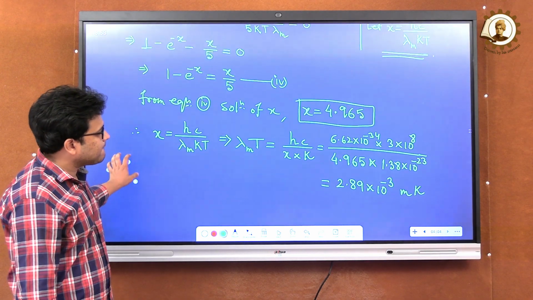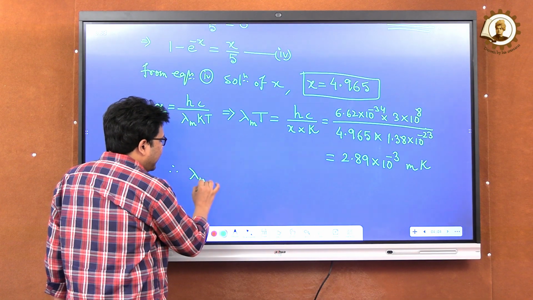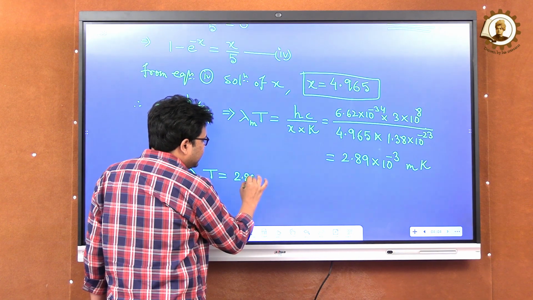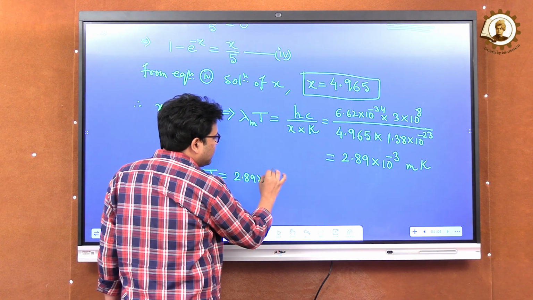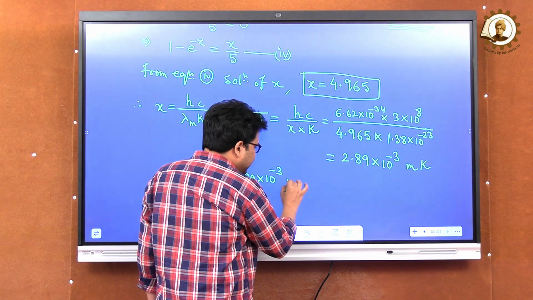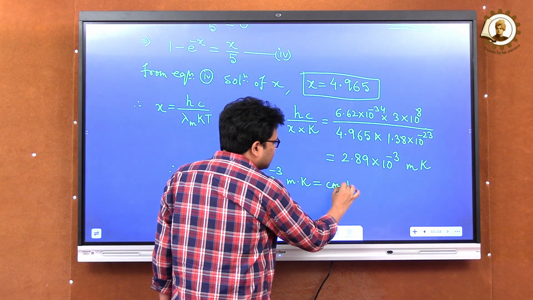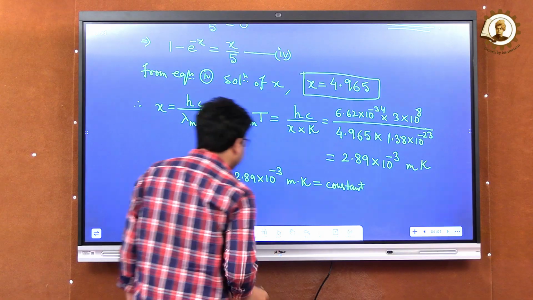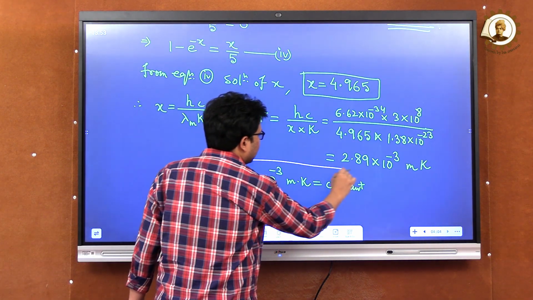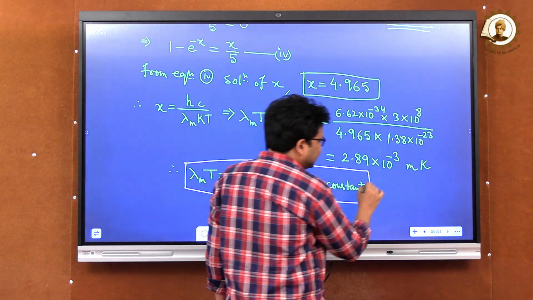Therefore lambda m into T equals 2.89 into 10 to the power minus 3 meter Kelvin, that is a constant.